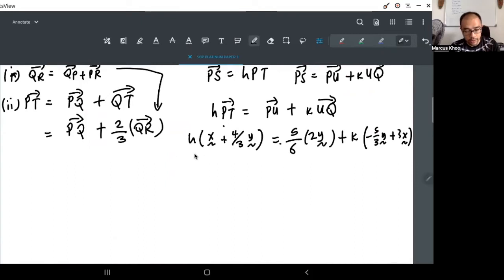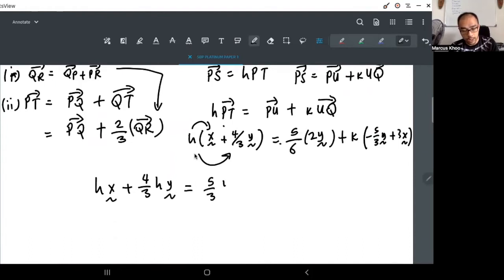Let's take a look. Put this in, so you get hx plus 4 over 3 hy equals 5 over 3y minus 5 over 3 ky plus 3kx.